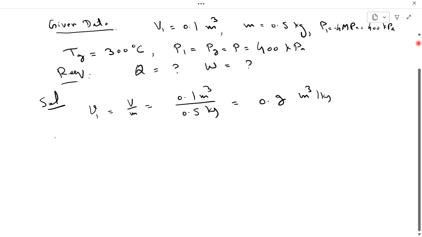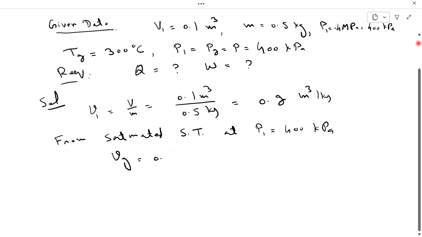Now we find Vg from the saturated steam table at pressure equal to 400 kilopascal. Vg is equal to 0.46246 meter cube per kg, and the value of V1 is smaller than this value.